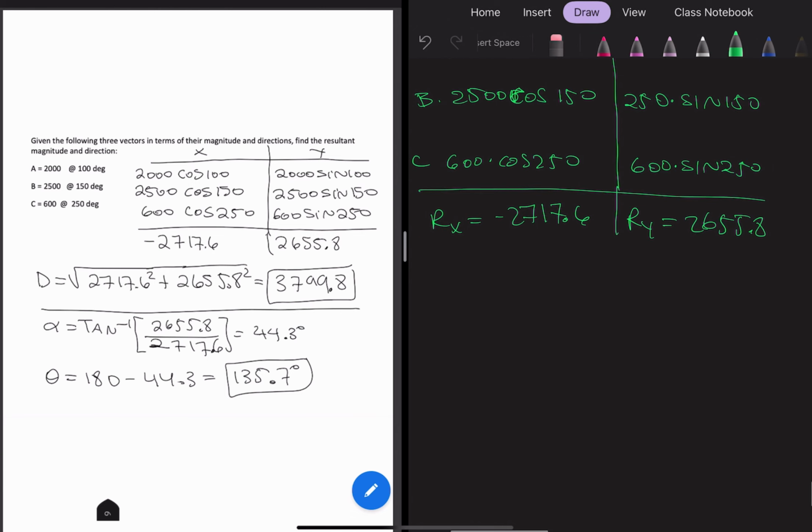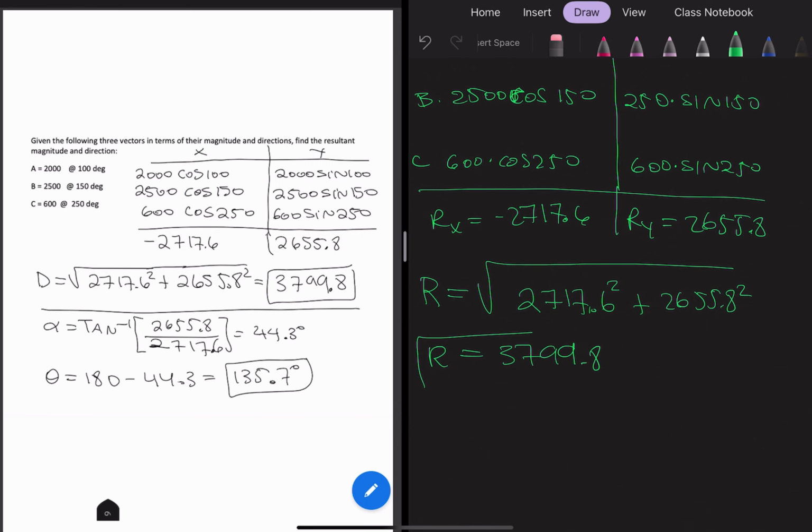And so now you can get the resultant magnitude. That's going to be the square root of the total x component squared plus the total y component squared. So 2717.6 squared, plus 2655.8 squared. And that will give you a resultant magnitude of 3799.8 units.